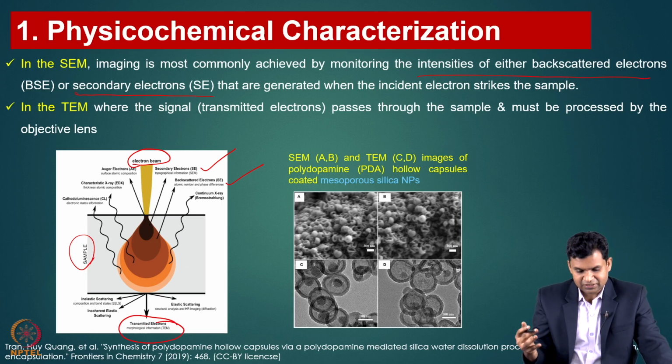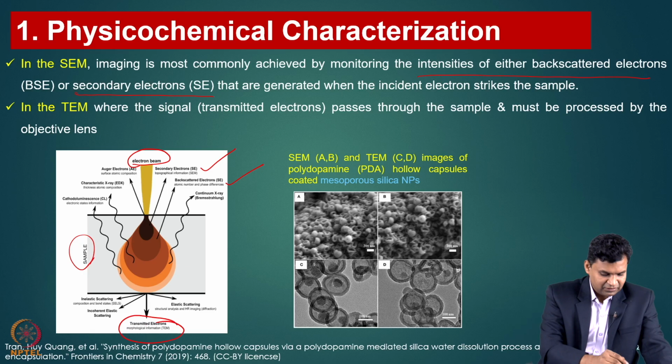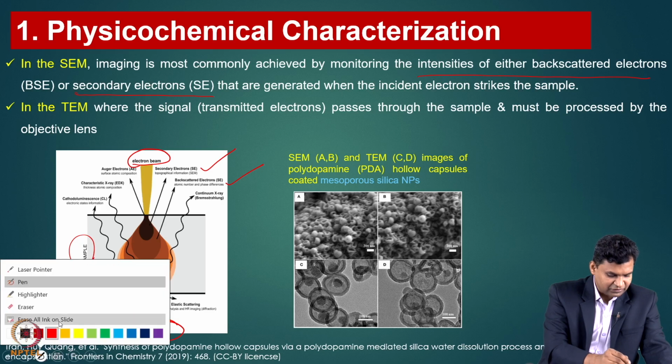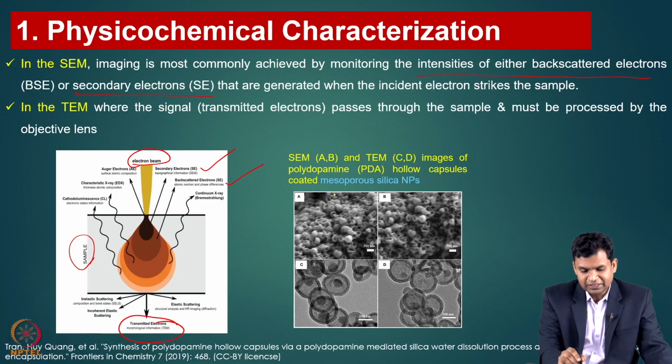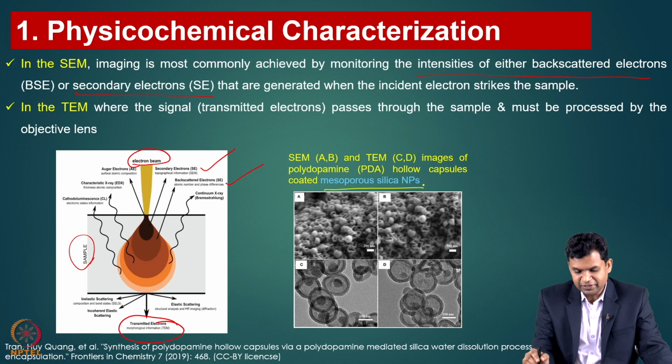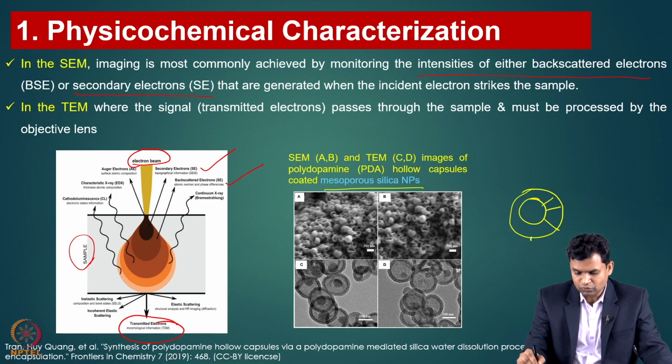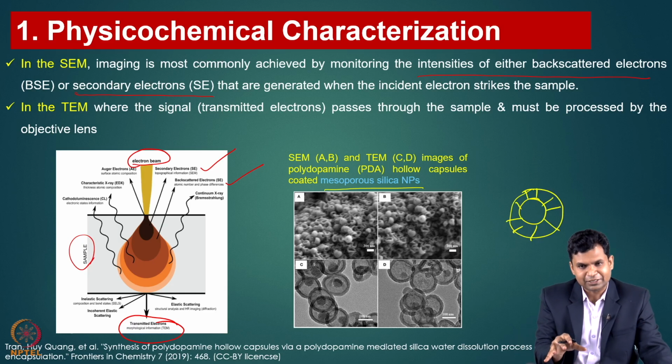Now, there is an interesting study done by one researcher. Here they prepared mesoporous silica nanoparticles, and later they coated them with the polymer. Now, they would like to know the surface or the coating of the mesoporous silica nanoparticles.